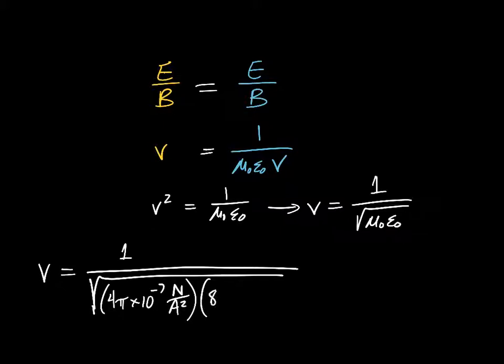And epsilon naught is 8.85 times 10 to the minus 12. You do all of this stuff and you basically get 3 times 10 to the 8 meters per second. It's actually 2.9968 something or other, blah, blah, blah.